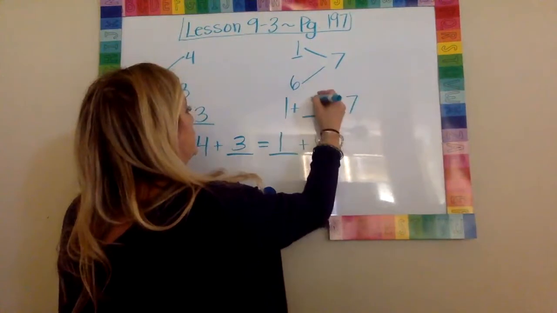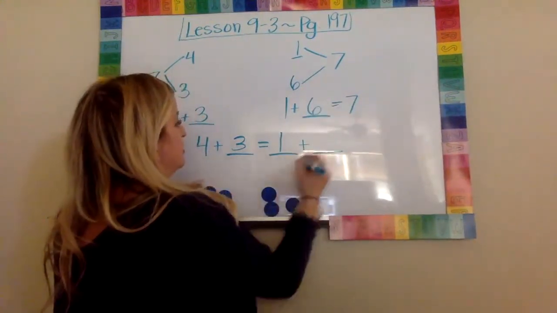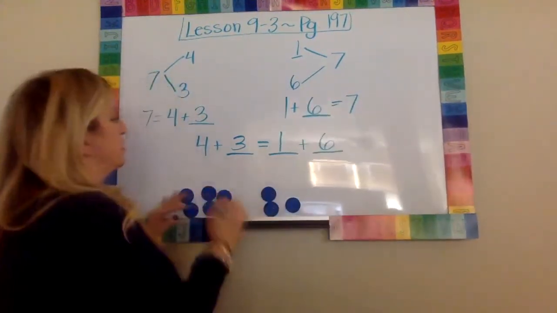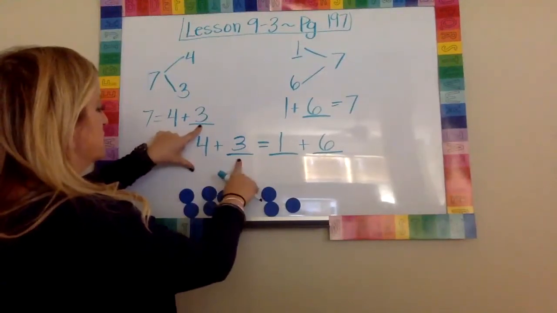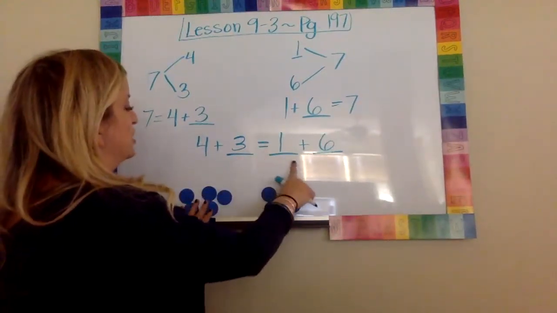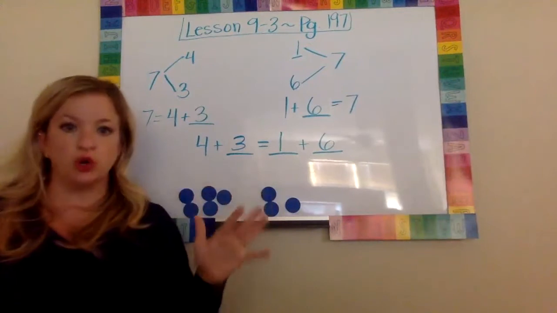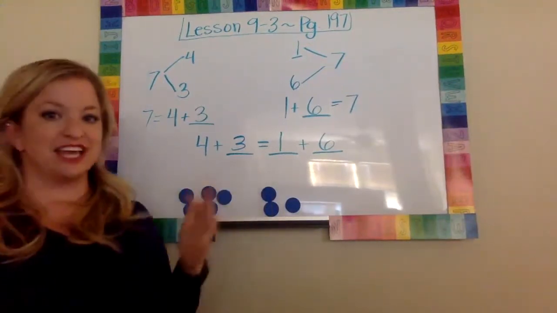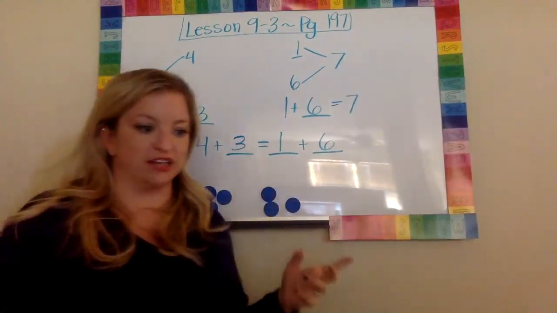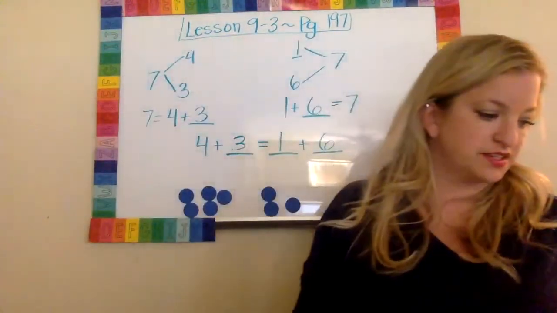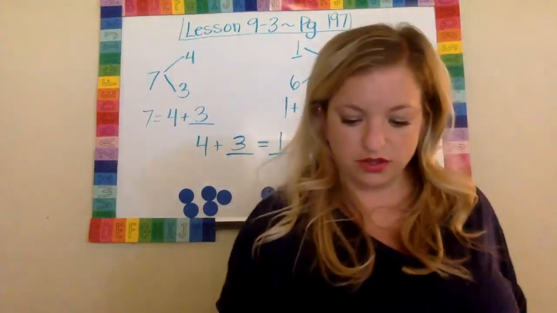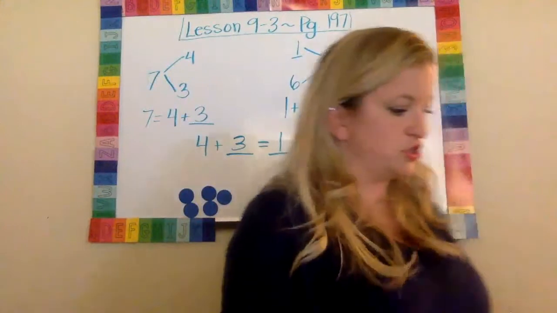So now I know 1 plus 6 equals 7. And I just bring it down here. 4 plus 3 is the same as 1 plus 6. Those are true equations. They are the same. They get the same answer. Okay, they're both correct.